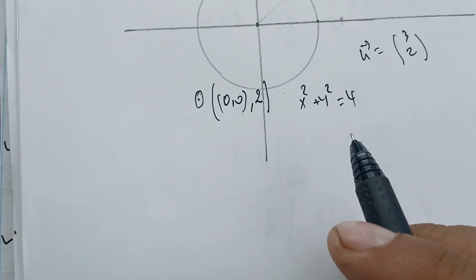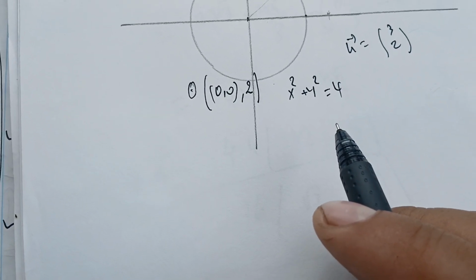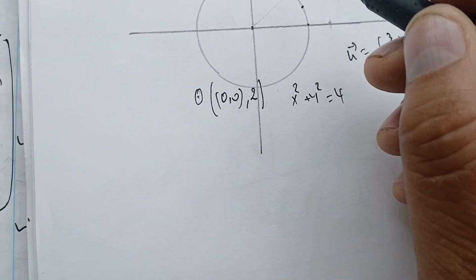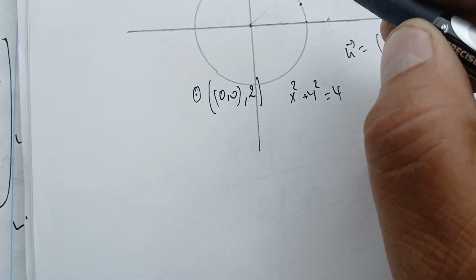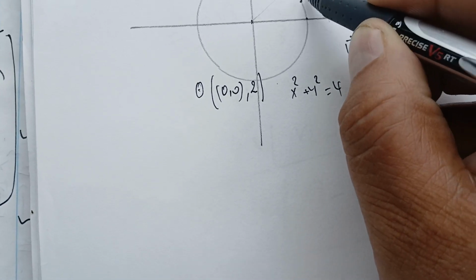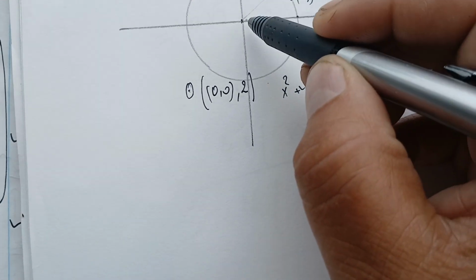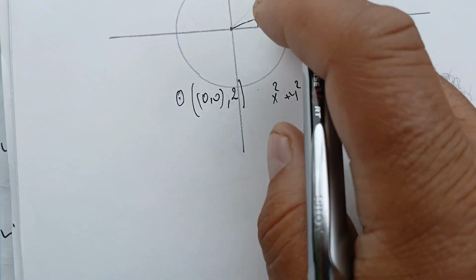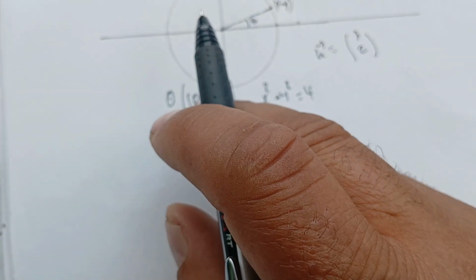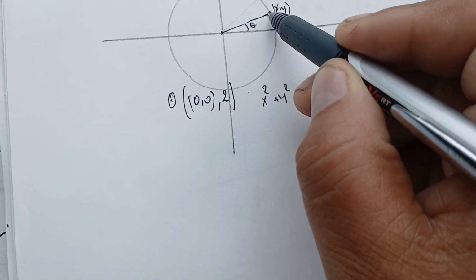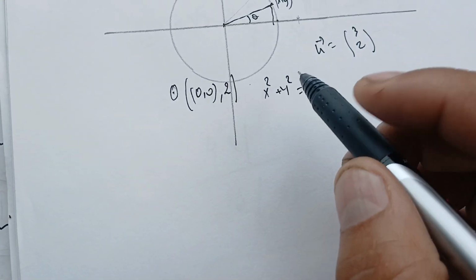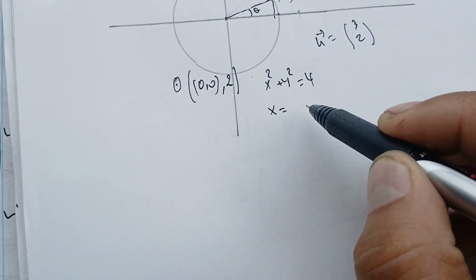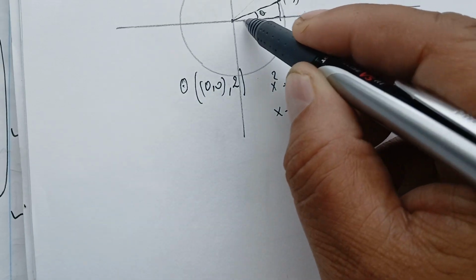We can also do a parameterization of the circle. So given any point here that has coordinates x and y, we can express x and y in terms of theta. In fact, x is this part.